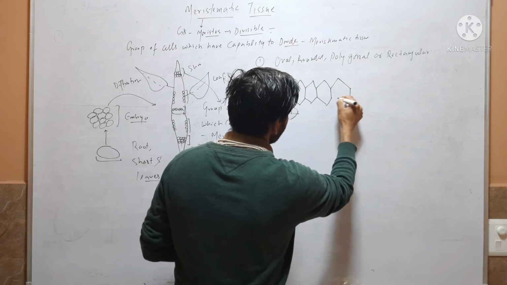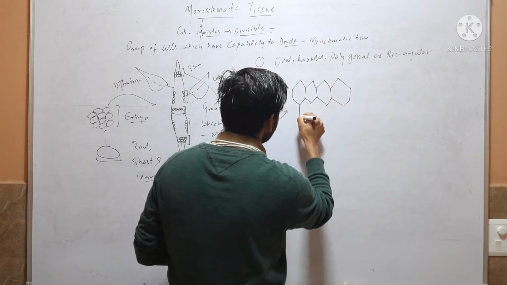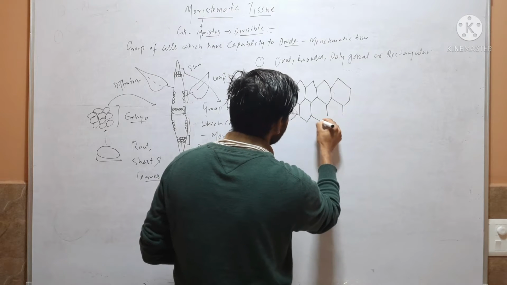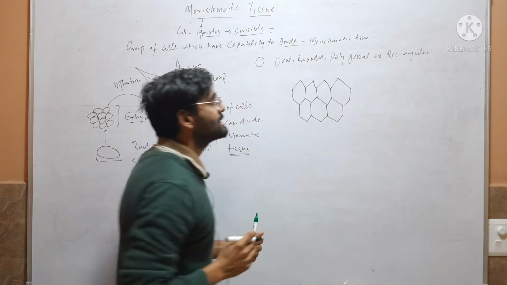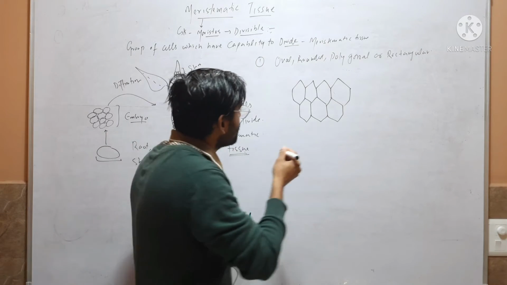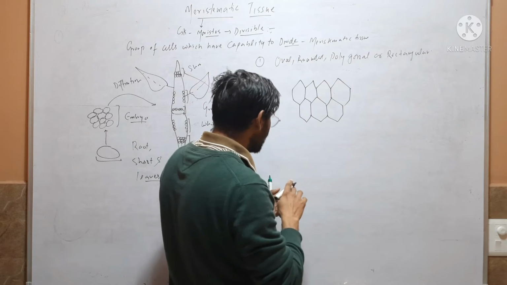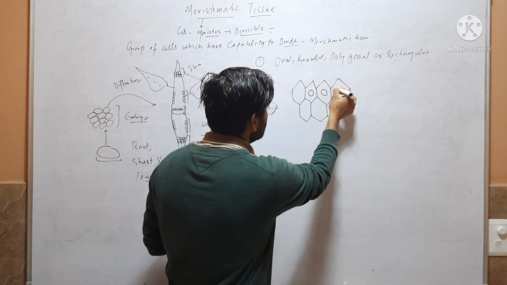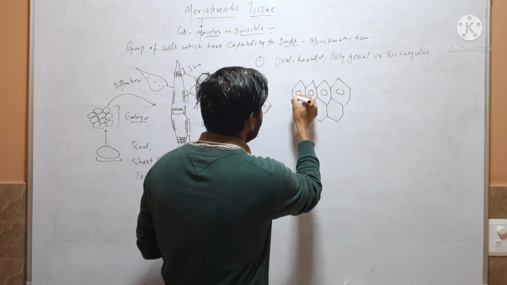So cells of meristematic tissue are compactly arranged without any intercellular spaces. They have large, prominent nuclei.